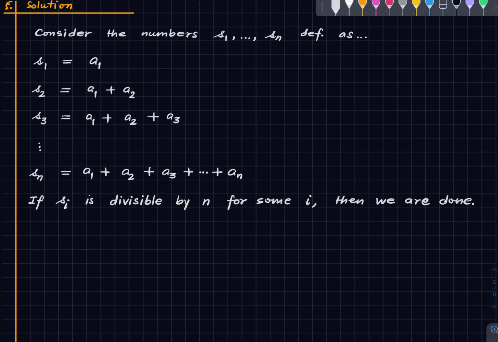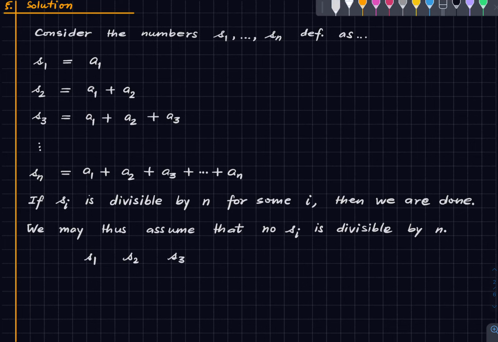So in the adverse case, we may assume that no Si is divisible by n. Okay. So we have these numbers S1, S2, S3 to Sn.